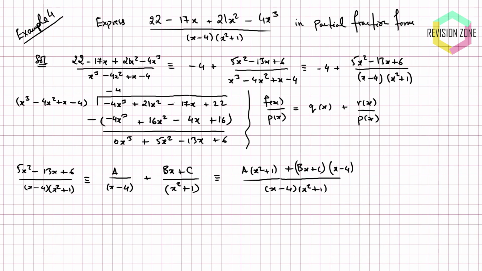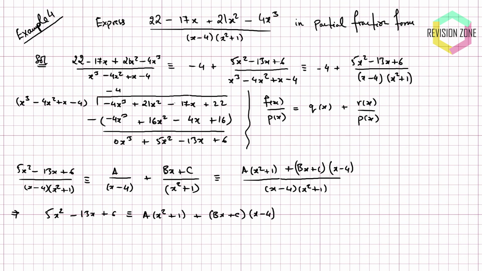So unsurprisingly, we're going to equate numerators of the thing on the extreme here and the thing on the extreme here, right? And we're going to be able to get an identity. So we're going to say we better have 5x squared, sorry, minus 13x plus 6 be identical to a multiplied by x squared plus 1 plus bx plus c, and that has to be times by x minus 4.